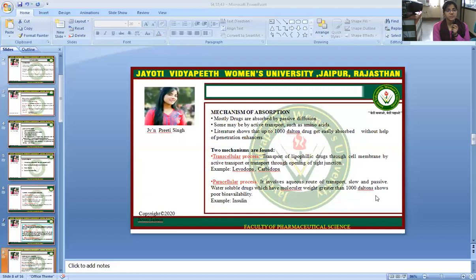Literature shows that drugs up to 1,000 Daltons get easily absorbed without the help of a penetration enhancer. Two mechanisms are found. The transcellular process is the transport of lipophilic drugs through the cell membrane by active transport, or transport through opening of tight junctions, for example levodopa and carbidopa.